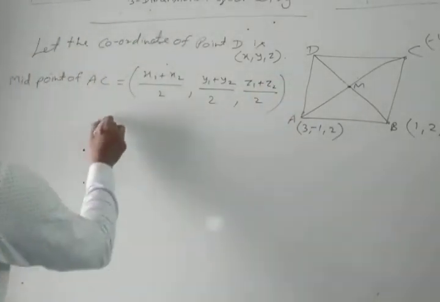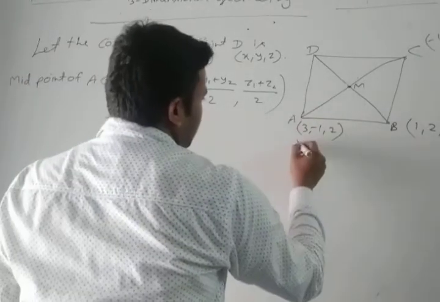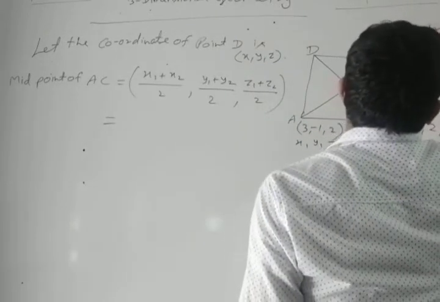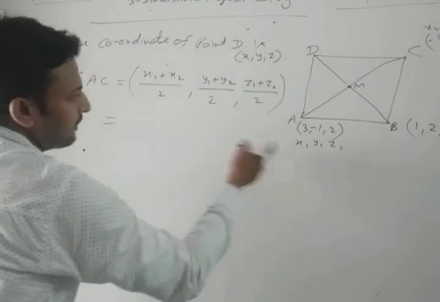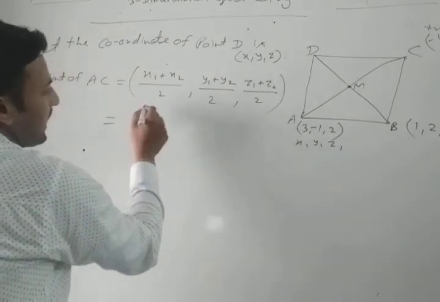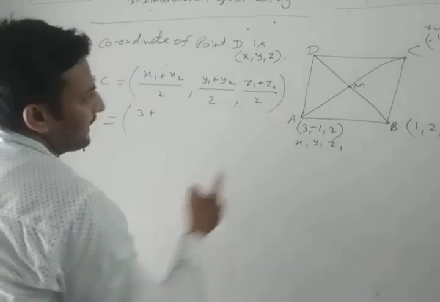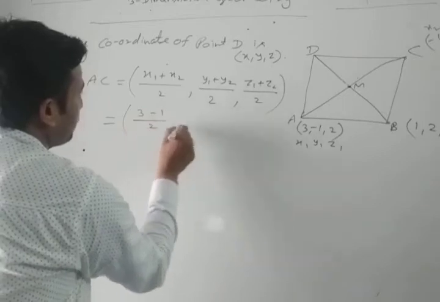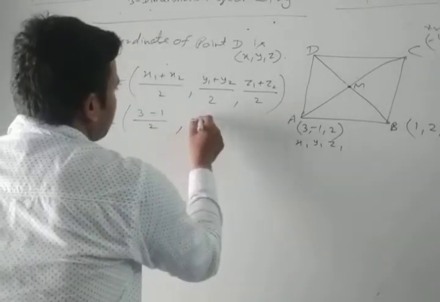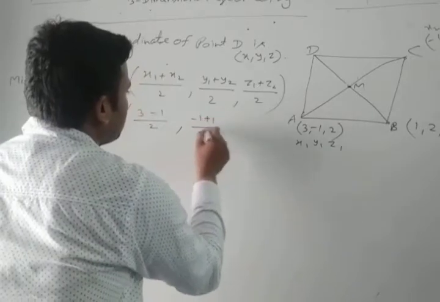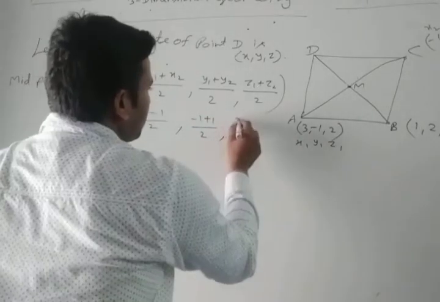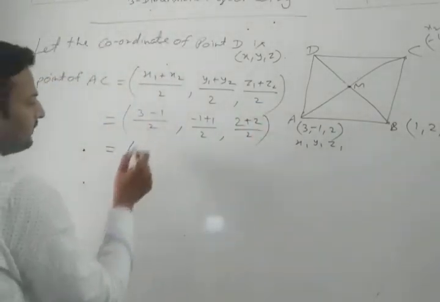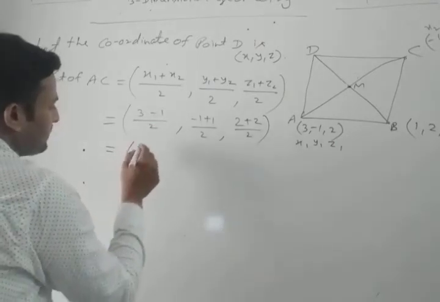Putting in the values, x1 is 3 and x2 is -1, so 3 minus 1 by 2; y1 is -1 and y2 is 1, so -1 plus 1 by 2; z1 is 2 and z2 is 2, so 2 plus 2 by 2.